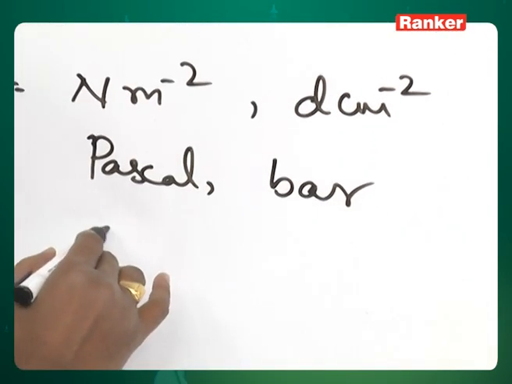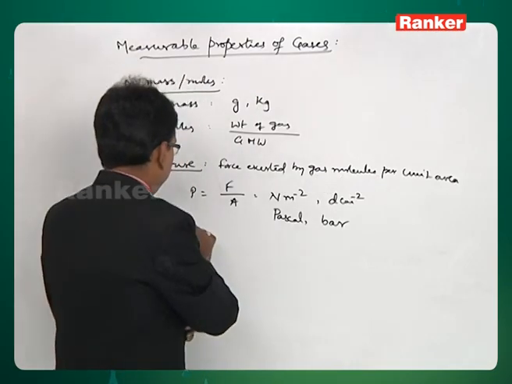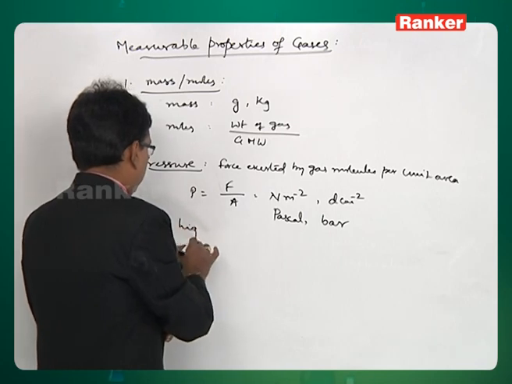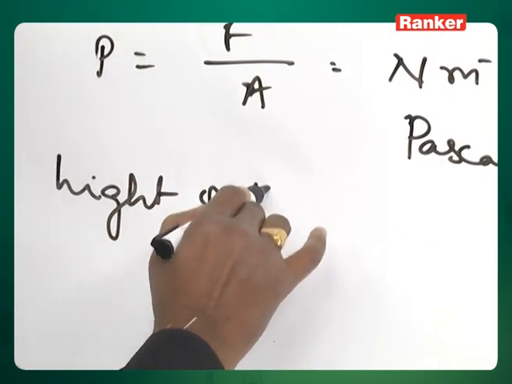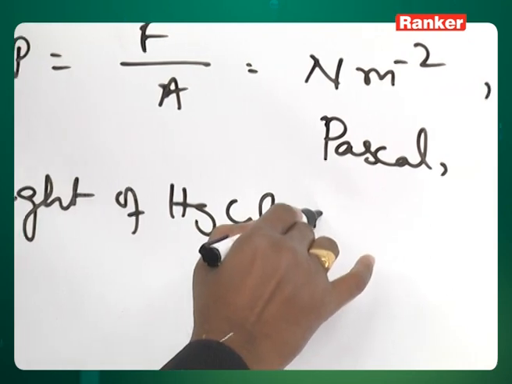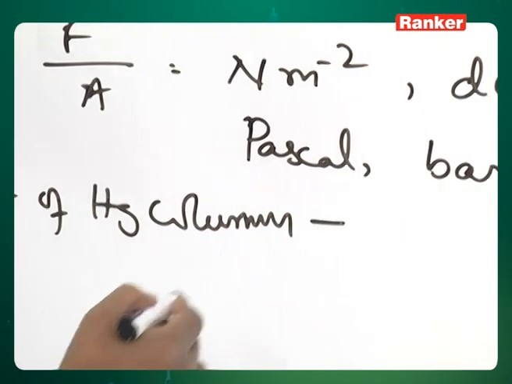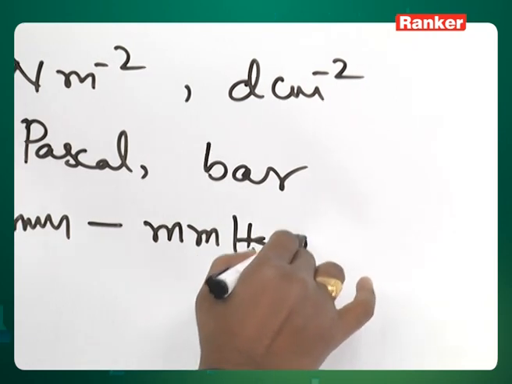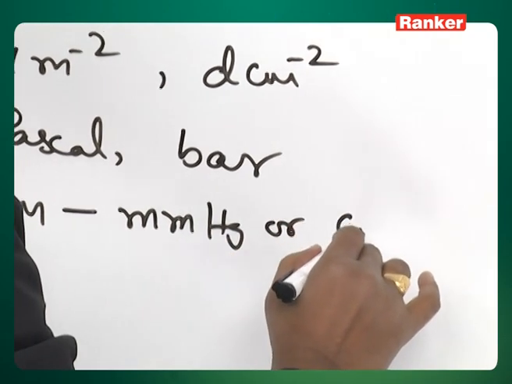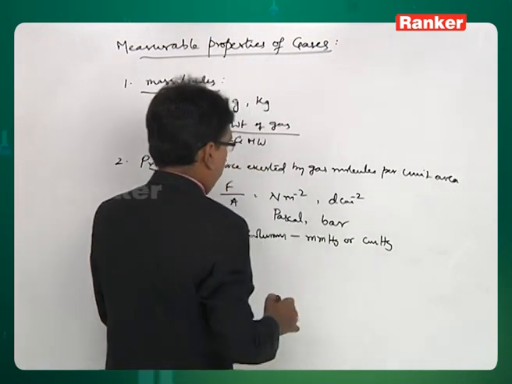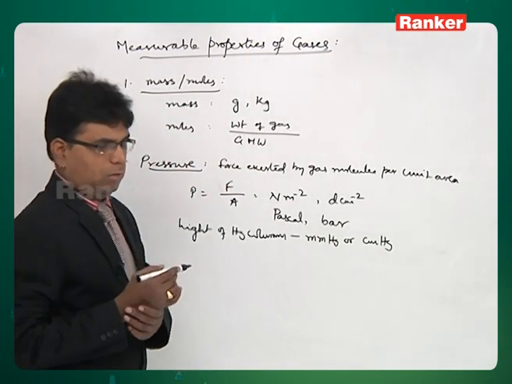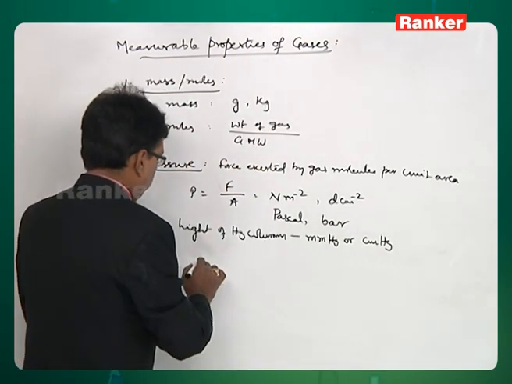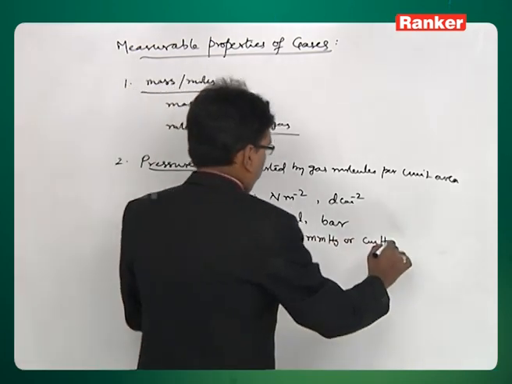It also has a unit in terms of height of the mercury column. We measure it in terms of millimeters of mercury, or centimeters of mercury column, according to which we have different relations for 1 atmosphere.